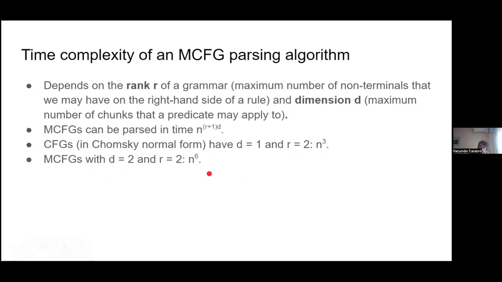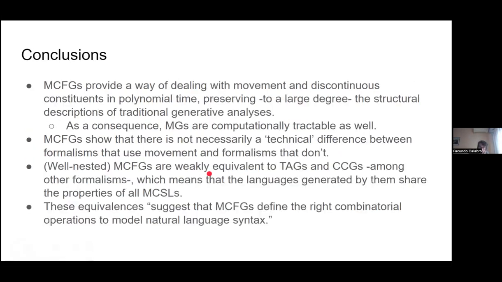Okay, so conclusions. MCFGs provide a way of dealing with movement and discontinuous constituents in polynomial time, preserving to a large degree the structural descriptions of traditional generative analysis. And as a consequence, MGs are computationally tractable as well.